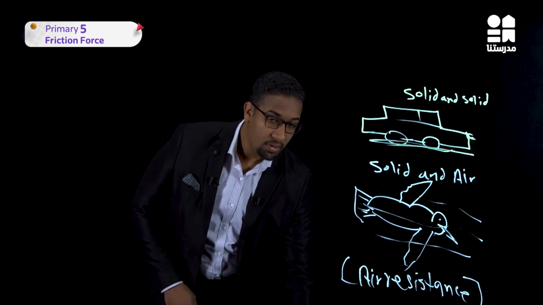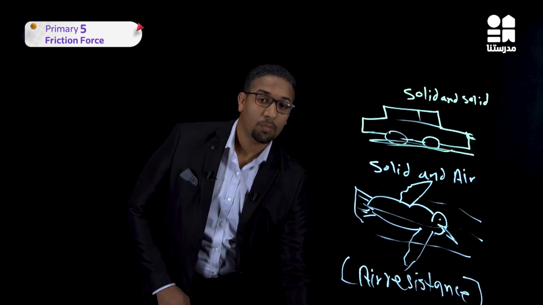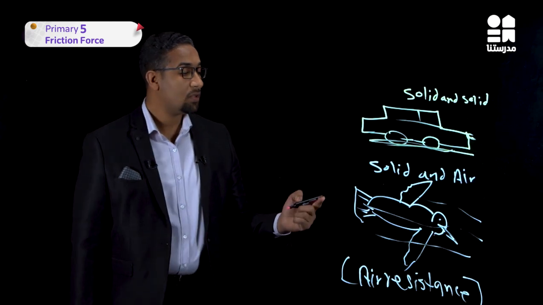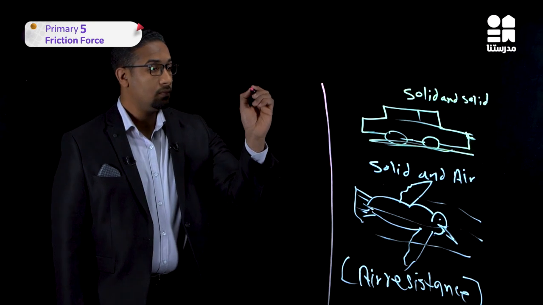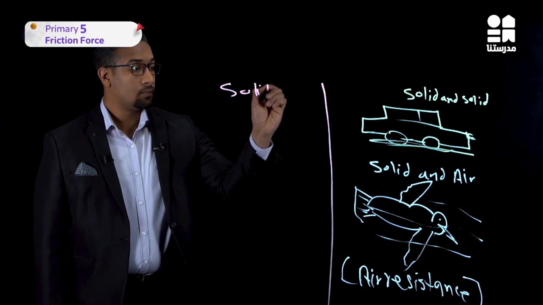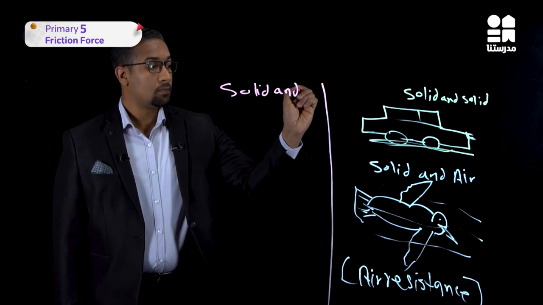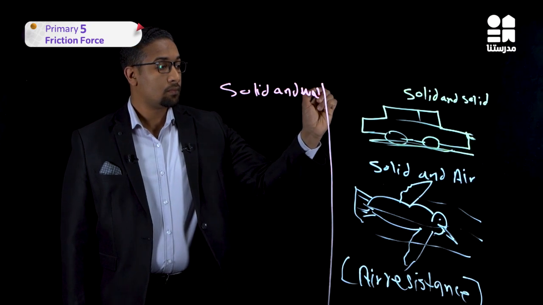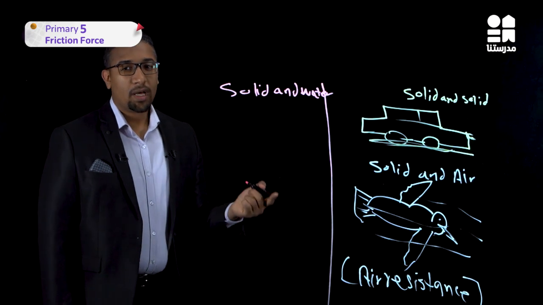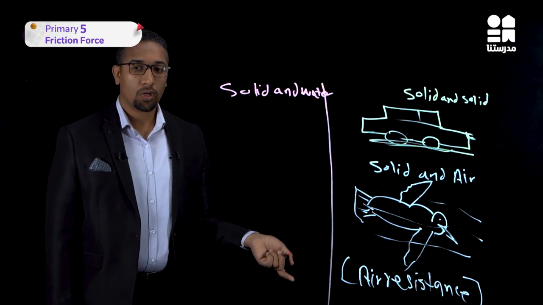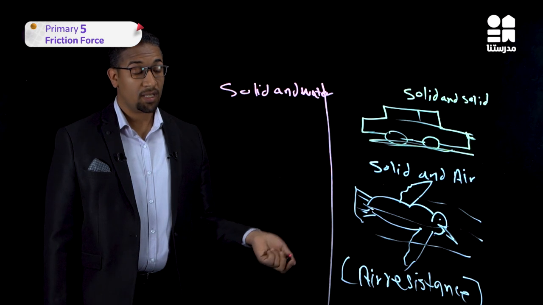The third type, it is friction between what? Who remembers? Yeah, the friction between solid and water. Solid and water like what? Like a fish swimming in water or like a ship in water.